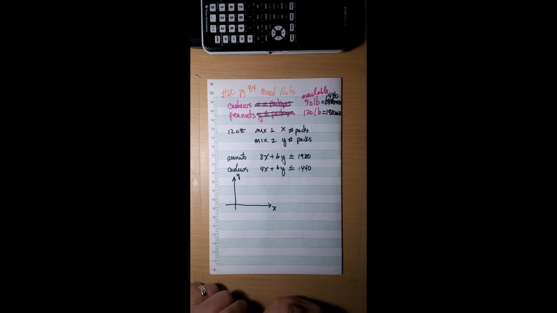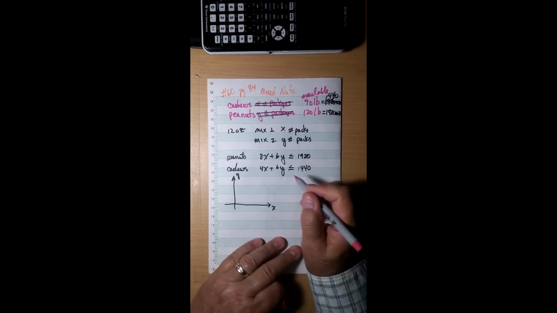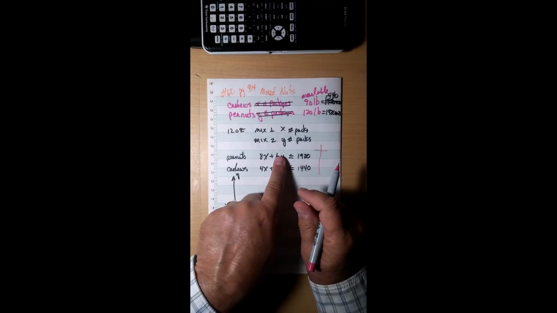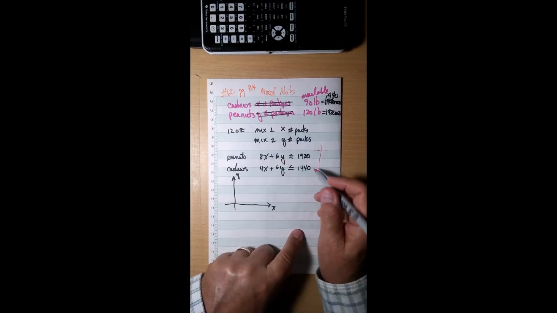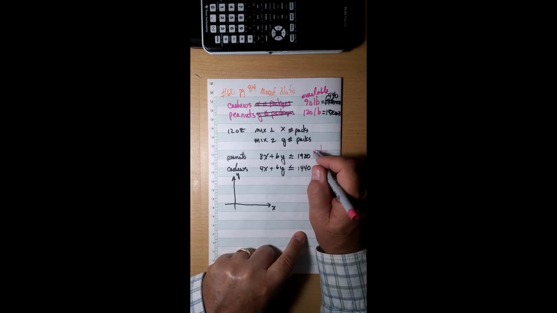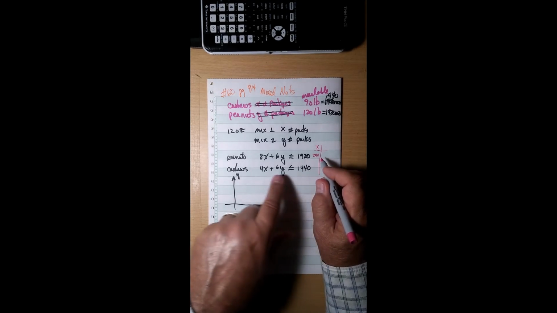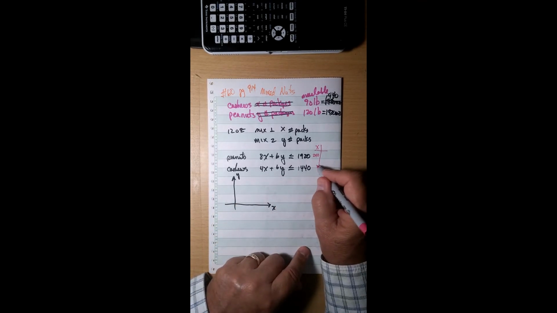Now we're going to have to divide some of this. 1920 divided by 8, because that would be the number of X packs you could fill, is 240. Take 1440 divided by 4 and you get 360.